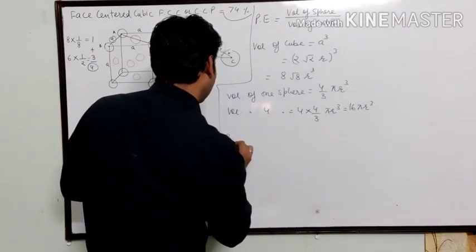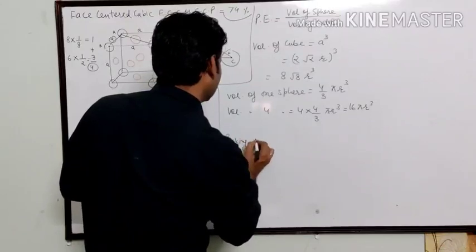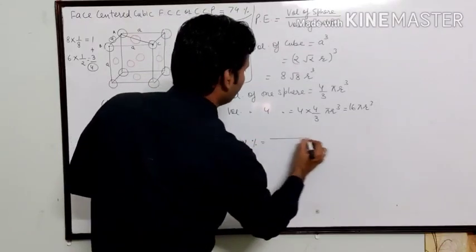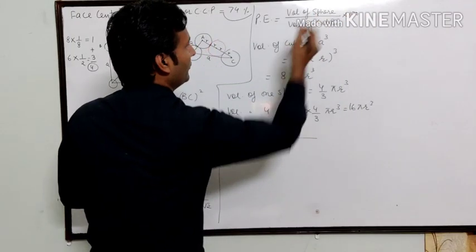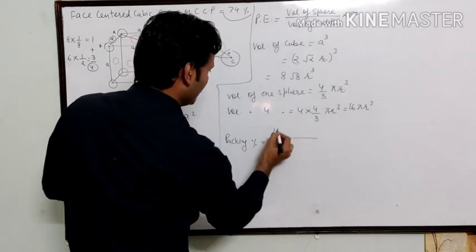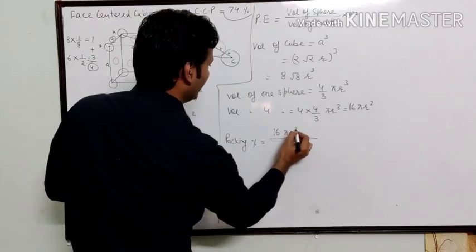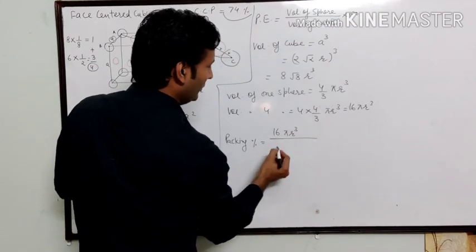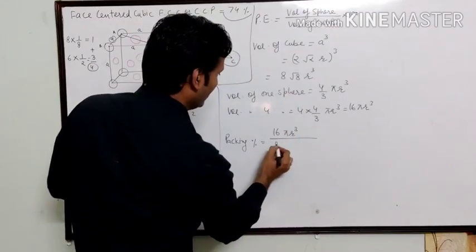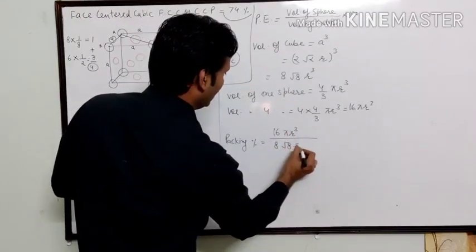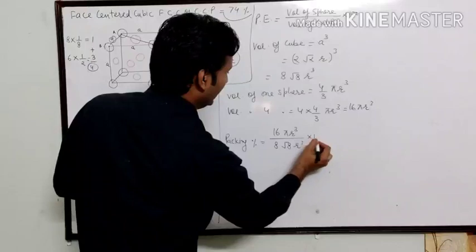Now the packing percentage or efficiency is equal to volume of sphere upon volume of cube, into 100. The volume of sphere is 16 pi r cube, and the volume of cube is 8 root 8 r cube, multiplied by 100.